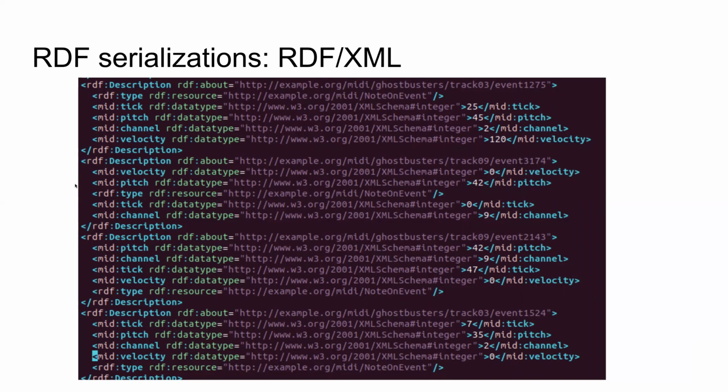Here the representation is very similar to XML. Everything in these lines is a description of a single resource. Here you have another resource. Here you have another resource. And if you recall the prefixes we saw earlier, mid is probably a prefix that replaces a namespace, which is likely to be example.org/MIDI/Ghostbusters.